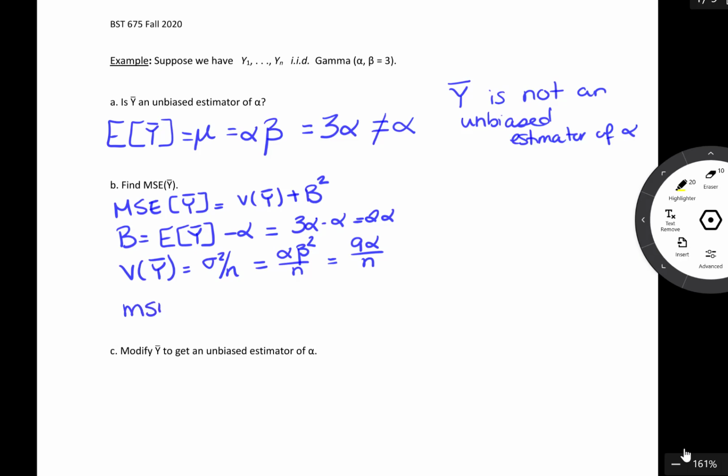So therefore, the MSE of y bar is equal to 9 alpha divided by n plus 2 times alpha squared, which is equal to 9 alpha over n plus 4 alpha squared.